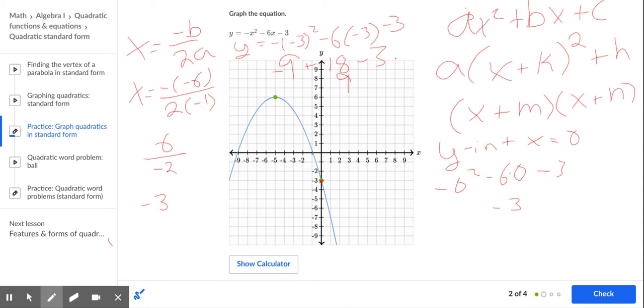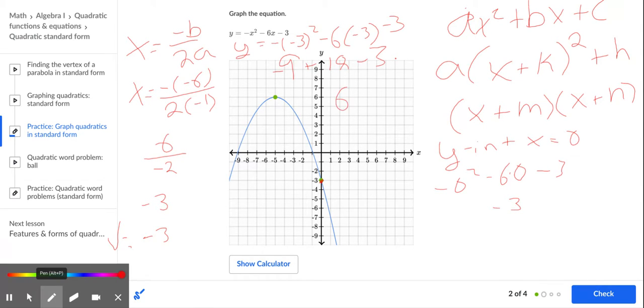So the vertex, I'm just going to call it V, is at -3. That was the x that I found. And then I plugged that x into the equation to get y, and I got 6. I wrote 9, but I got 6. Sorry about that.